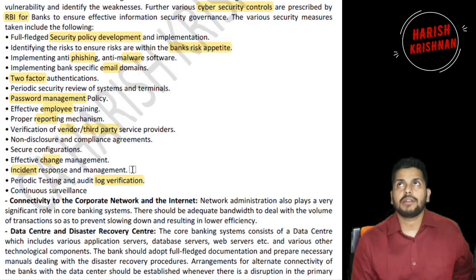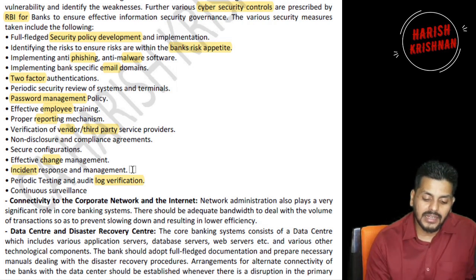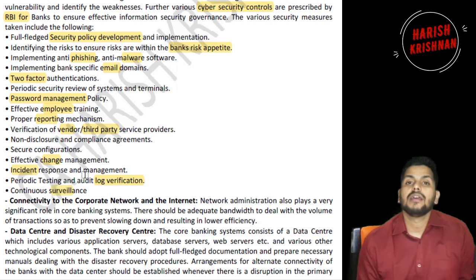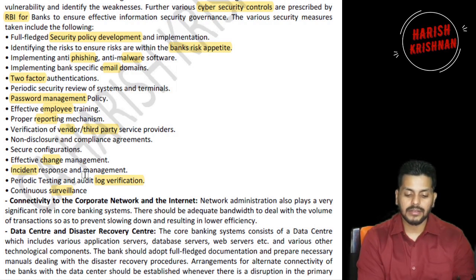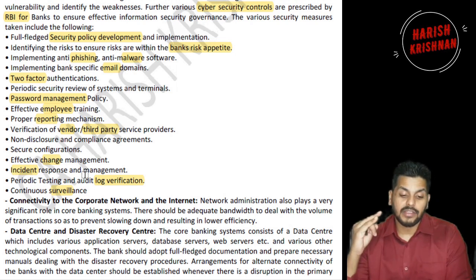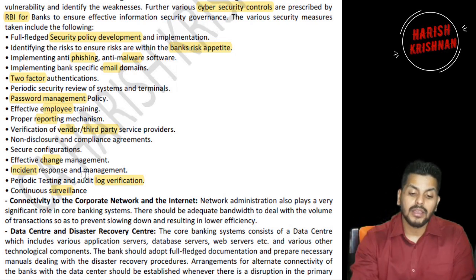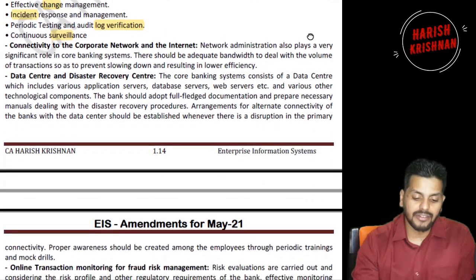When was the last time testing took place, what happened there, all that has to be checked. And continuous surveillance should be there, constant 24/7 monitoring. Then secure your application environment, secure the database environment, and make sure that you have a strong facility to take care of the entire infrastructure.